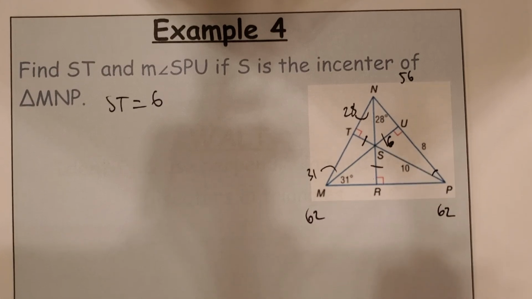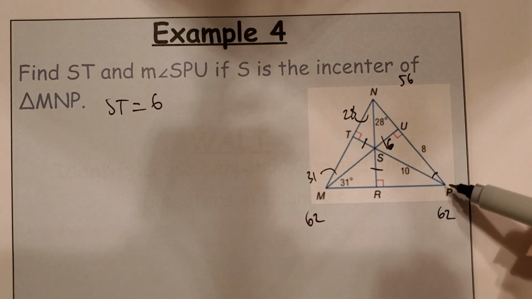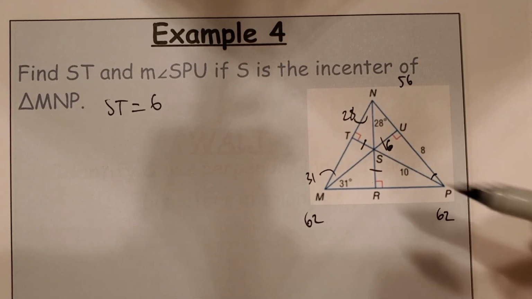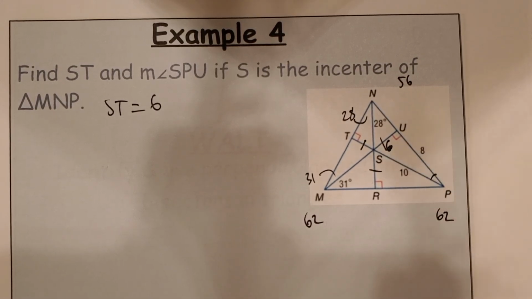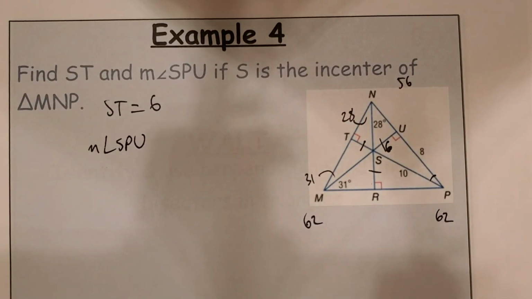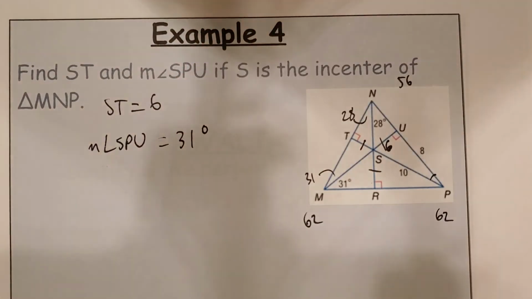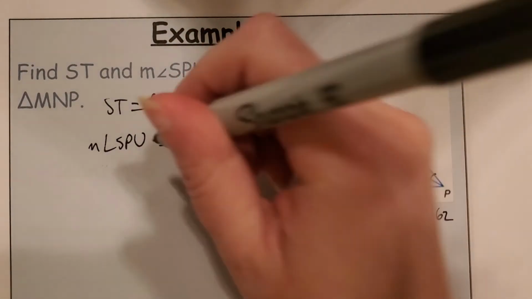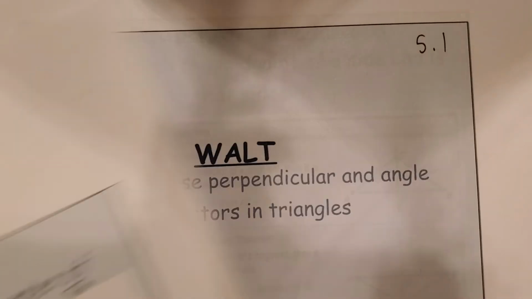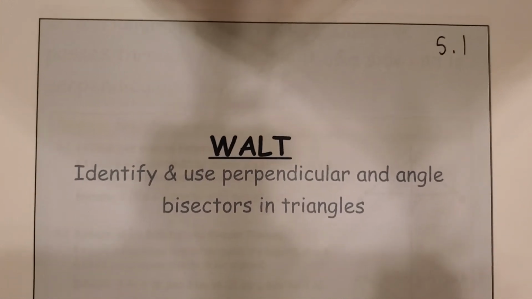But because we know we're talking about angle bisectors, SP, the segment, cuts the whole angle P in half. So that means angle SPU measures half of 62, which is 31. All right. And I believe, yeah, that's all I got for you in terms of section 5.1 stuff.